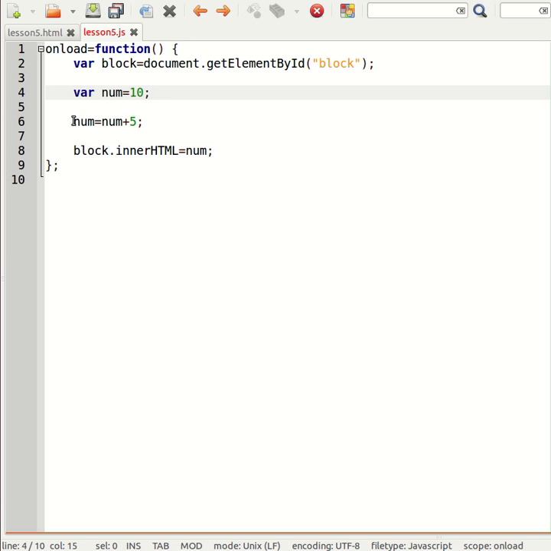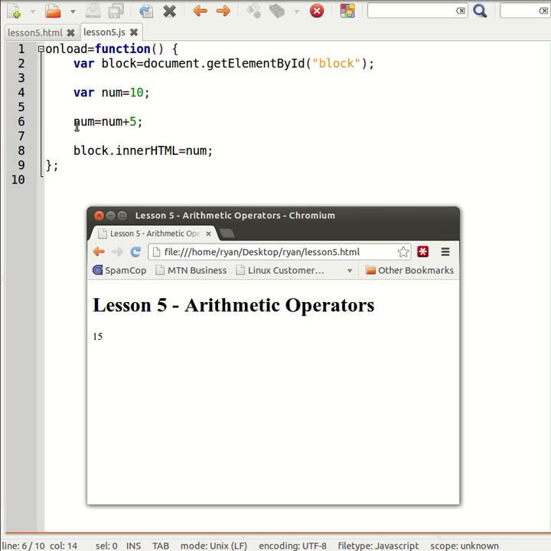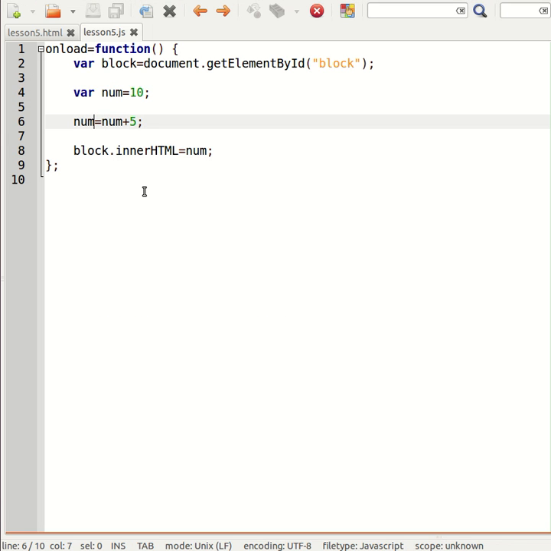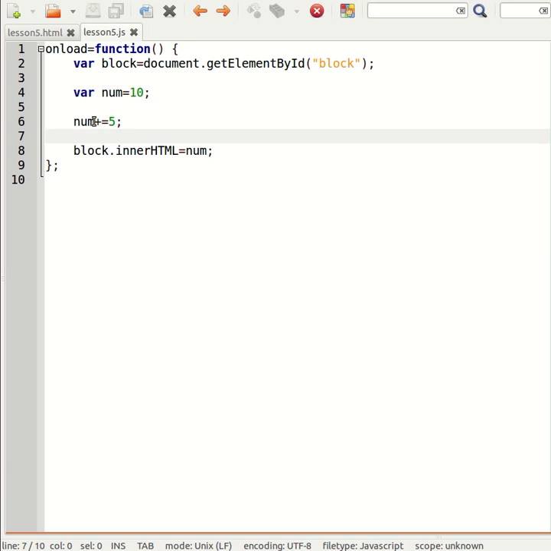But I'm saying the new value of num is equal to the old value of num plus an additional 5. A shortcut for this would be to say num plus equals 5. Still get the same answer. The plus equals you probably came across earlier on when we spoke about concatenating the value to the end of the div. That was in the context of two strings. Now we are talking about two numbers.